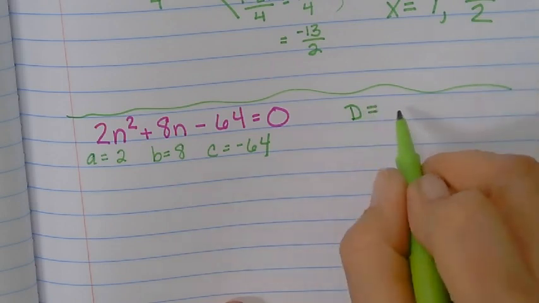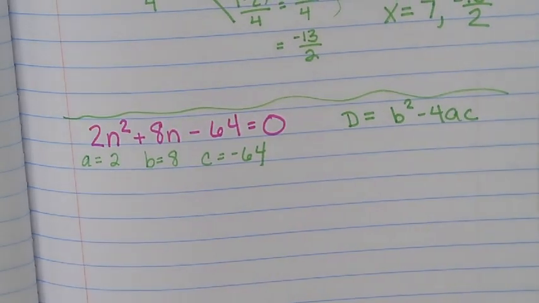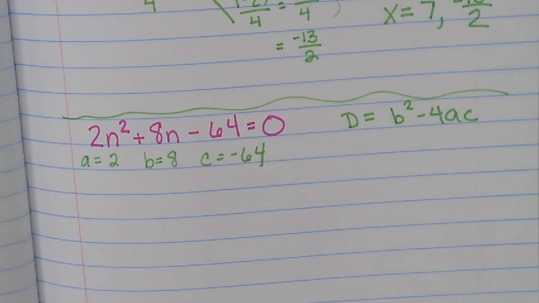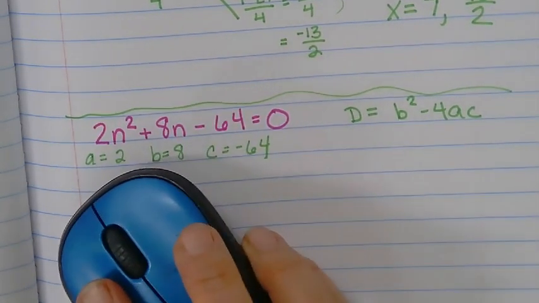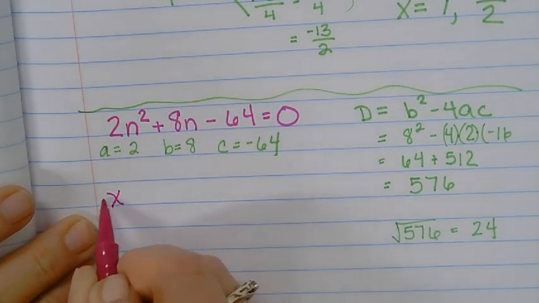So first of all, just find the value of the discriminant for me. So x equals, or actually it should be n equals.